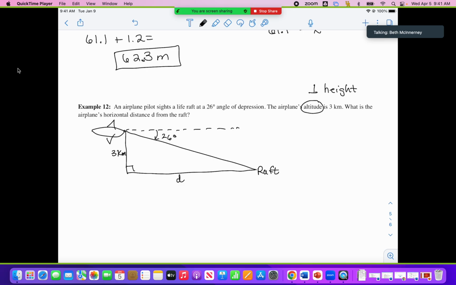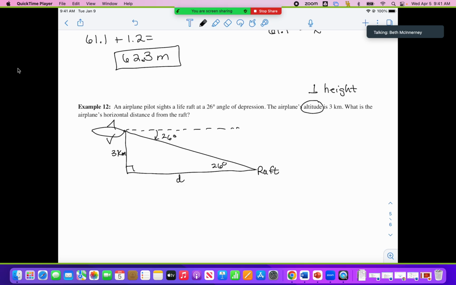You remember alternate interior angles are congruent. So we're using some geometry here. So this angle down here is 26, not up in that corner, up to the vertical.